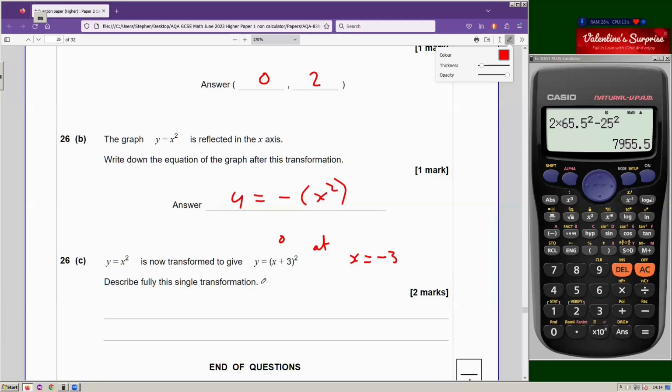And it's also when y is 0. So we basically end up with our graph going to be like this. So I'm going to say translation. The x moves minus 3. The y doesn't move. Yes, it just shifts it this way. That's all it does. It just shifts it toward the left.